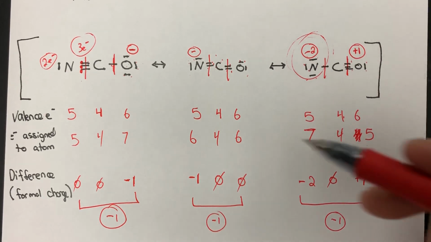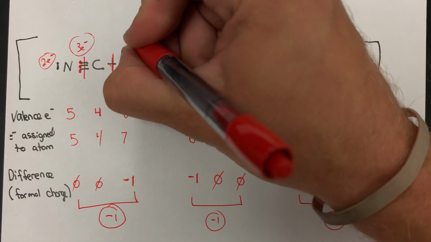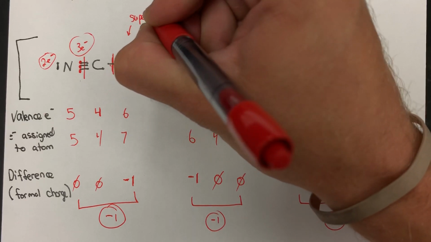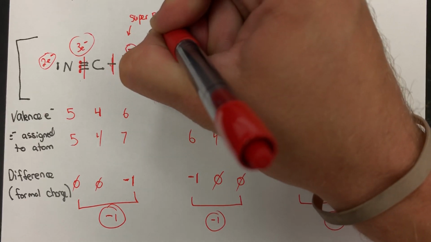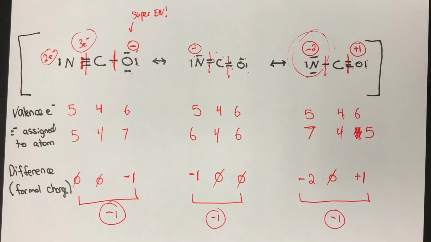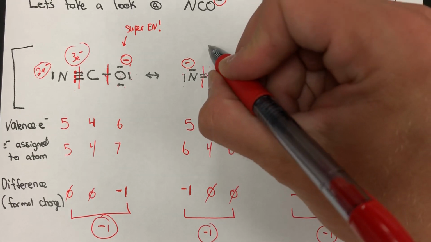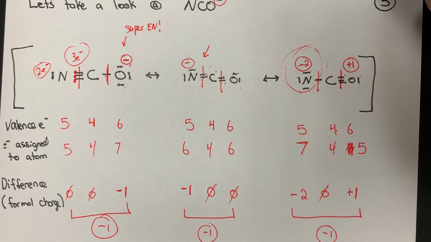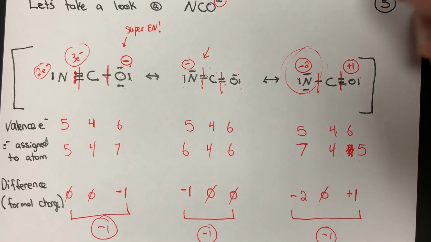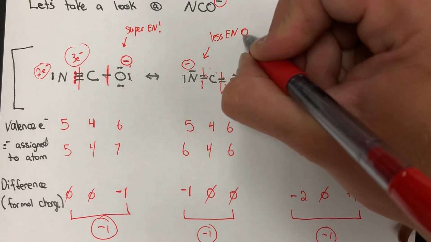And so when I look at this, I see that the formal charge is on an oxygen here. And I know that oxygen is super electronegative, right? One of the most electronegative elements we have, outside of fluorine. In the second example here, nitrogen is also really electronegative. However, it is less electronegative than oxygen.